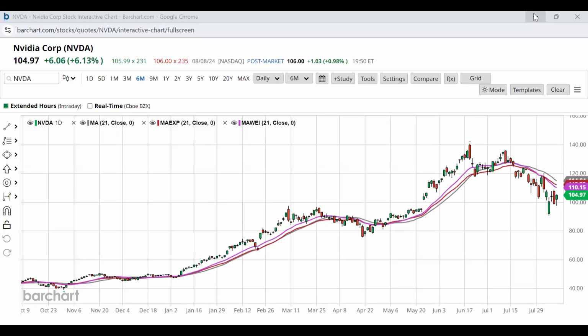Let us see practically. Here, this is the stock NVIDIA. Earlier, I had taken a moving average. As you can see, this is a simple moving average. Now I will take an exponential moving average.